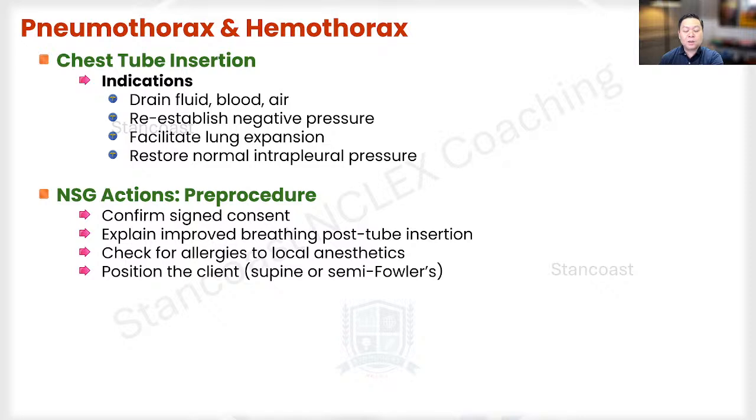Along this time, we need to prepare the drainage system. Make sure that you have that drainage, such as the Oasis or the Atrium equipment. I'm talking about the water seal chest drainage system. Make sure you have it readily available, along with some other equipment.